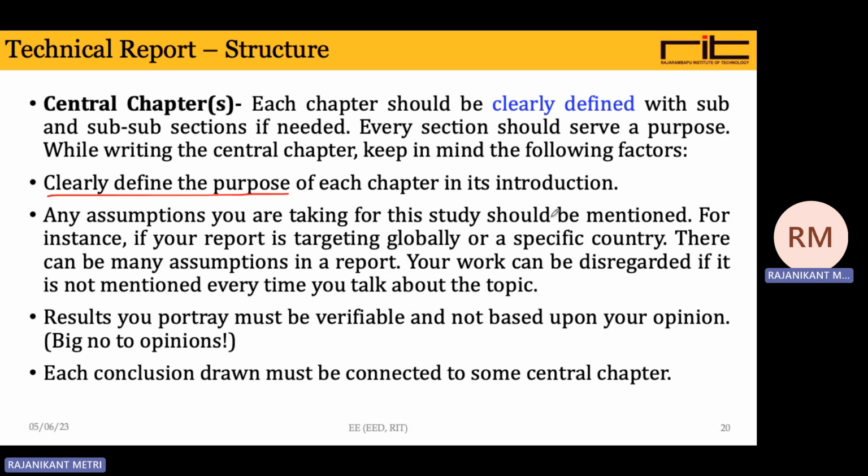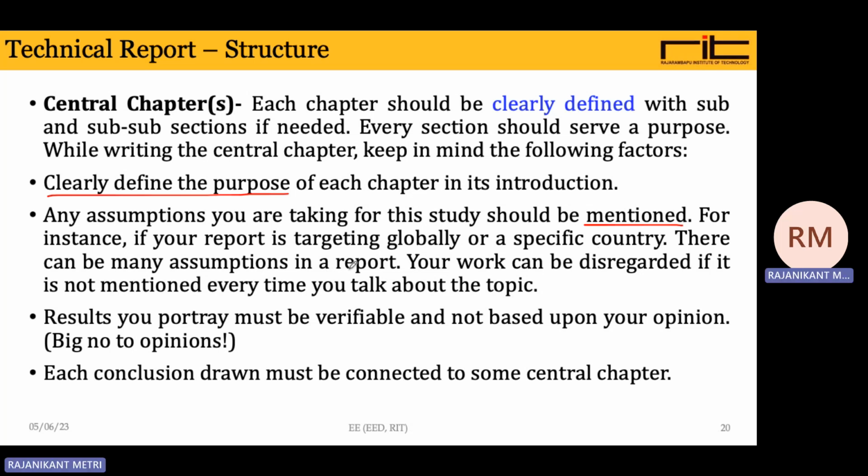While doing the research work, you might have assumed some parameters or neglected some parameters. All those kinds of assumptions you need to mention in the report. For instance, if your report is targeting globally or a specific country, there can be many assumptions in a report.